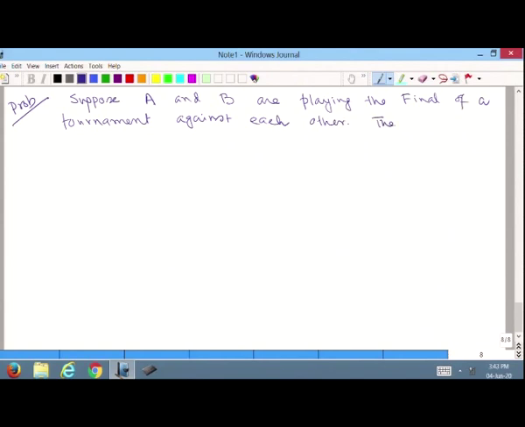The final may be best of 3 matches or best of 5 matches.